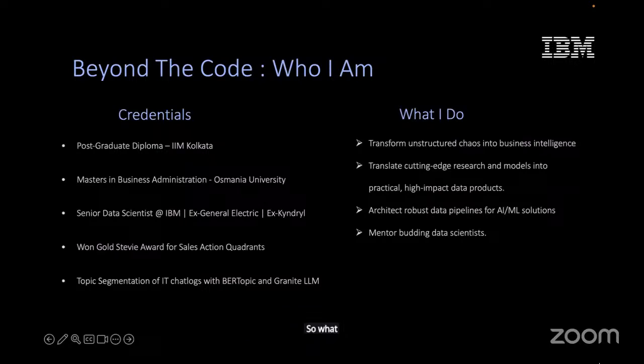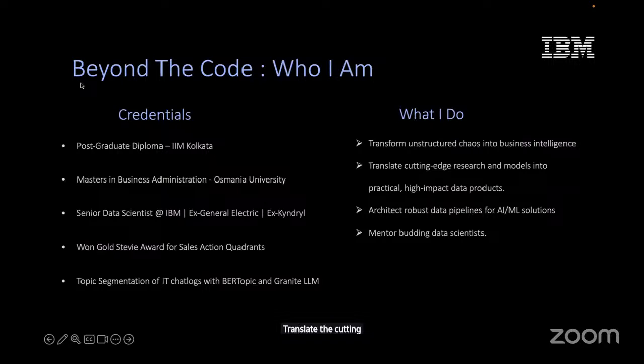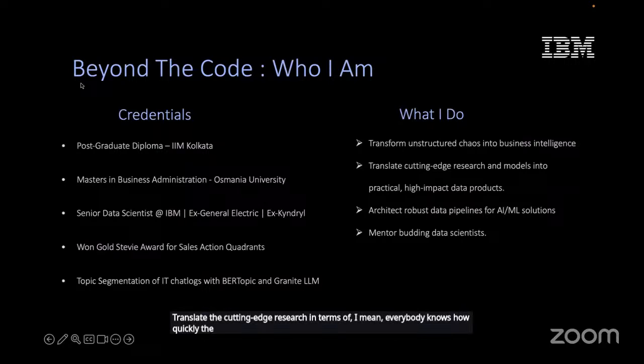So what I do at IBM, I think it's all about in and out data science work. So transforming unstructured data into business intelligence so that the executives can make decisions. Translate the cutting edge research, because everybody knows how quickly the tech domain is changing.